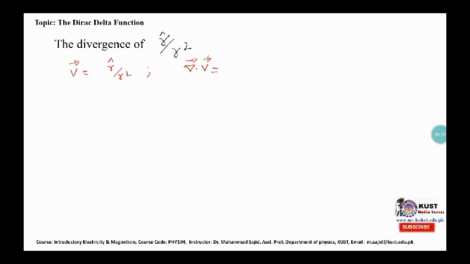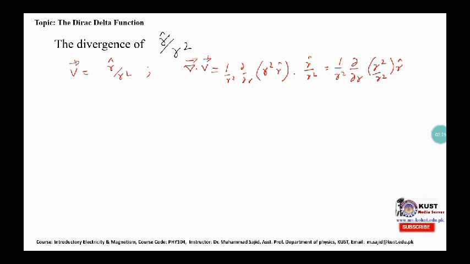Because the function is in spherical polar coordinates, we can use the definition of the del operator, the divergence in spherical polar coordinates, which is 1 over r square d by dr of r square times the r component of the vector function v, which is r unit vector divided by r square, and hence you can write 1 over r square d by dr, and it will be r square divided by r square.